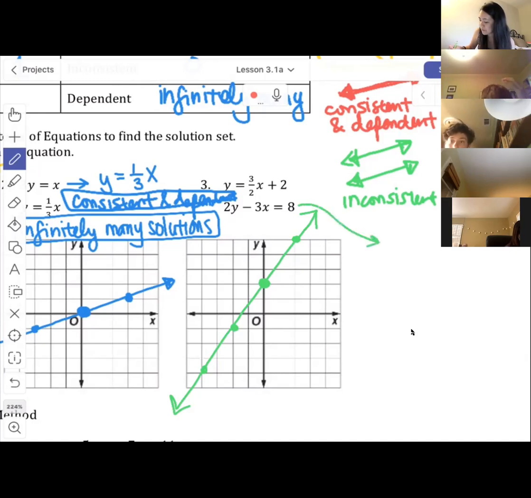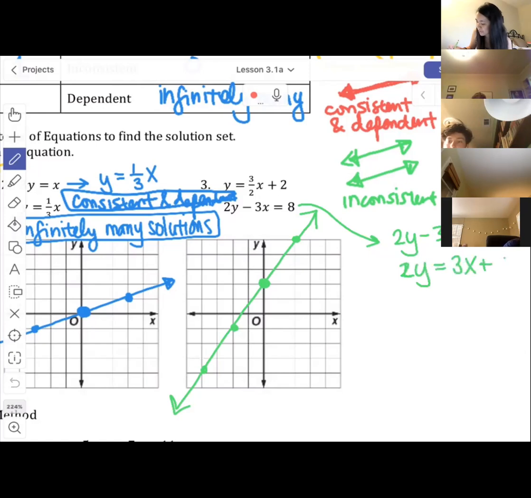So let's go ahead and solve for y here. How do I solve for y? What should I do first? Would it be isolate the variables? Okay. So it would be plus 3x. Okay.